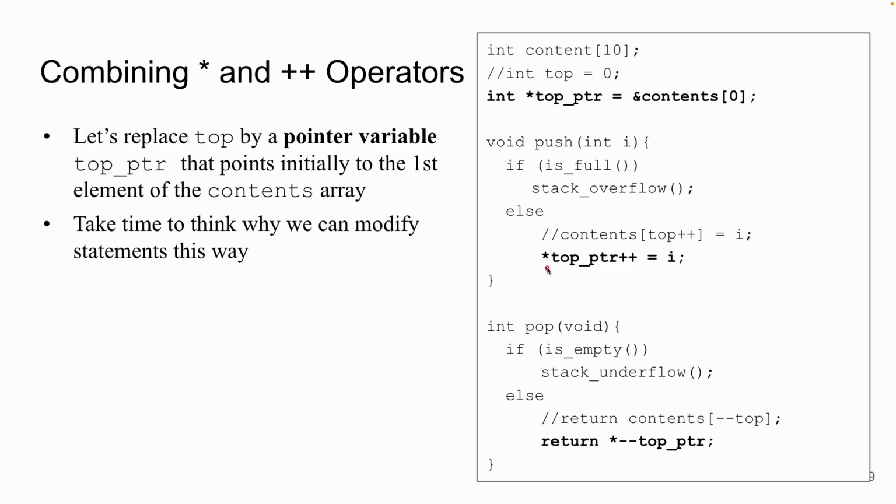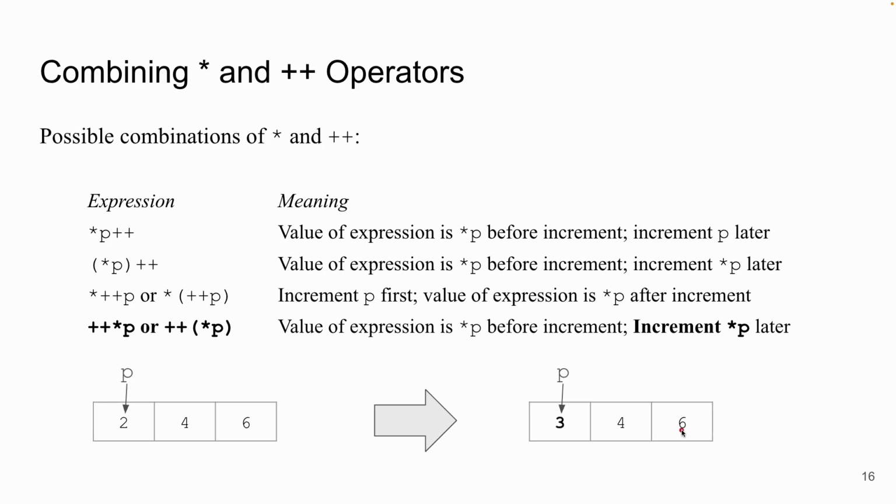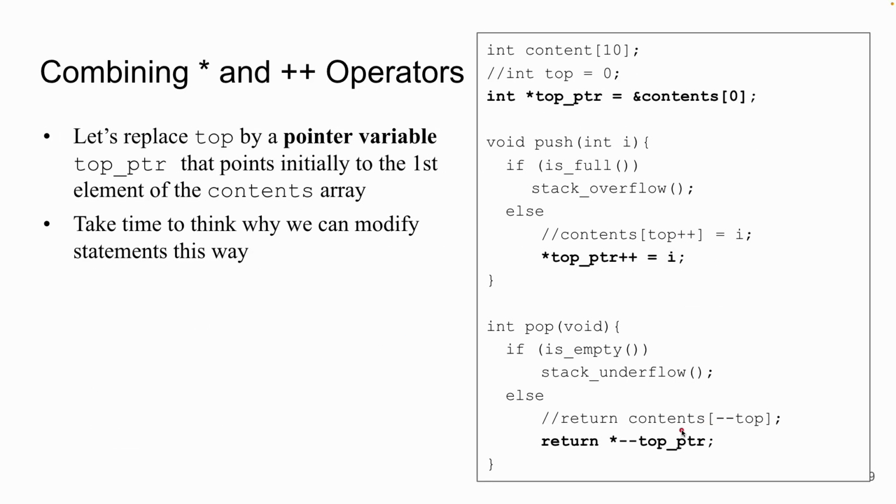And actually, we already introduced all these combinations in this slide here. So what I want to do is to invite you to take some time to think about why in this version we need to modify these two statements in this way. So first, you need to understand the meaning of these two statements, right?